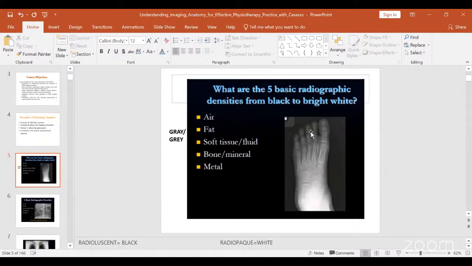Air, especially in the lungs, because it allows radiation to pass through, appears black. Are we together? So can we logically say that the factor that determines either radiolucency of a tissue or the opacity of a structure is dependent upon that tissue's atomic makeup?